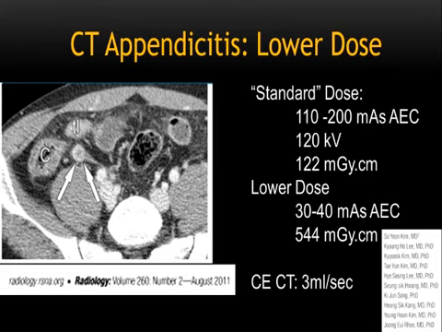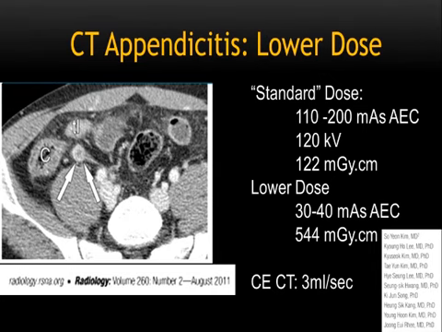Right? But there are papers that have said that, well, you can drop the dose to about 30 or 40 mAs, use AEC. I take them with much skepticism because the ability to detect appendicitis depends not only on the patient's size but also how much fat he has around that appendix. Right? So I would not go crazy and cut the dose like in this study and basically drop it by about 70%.